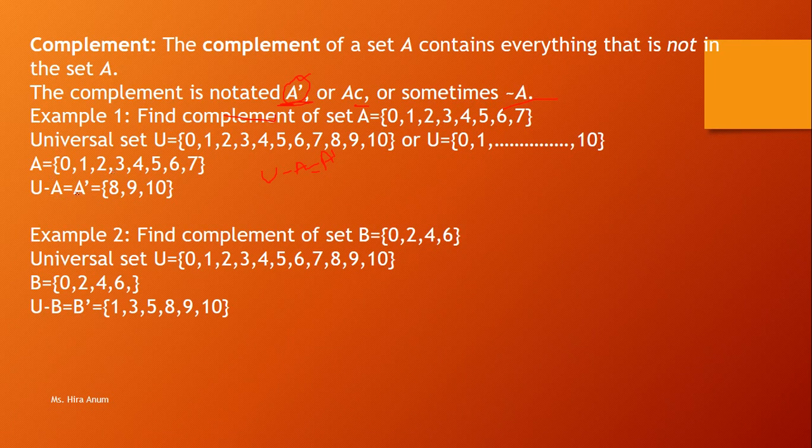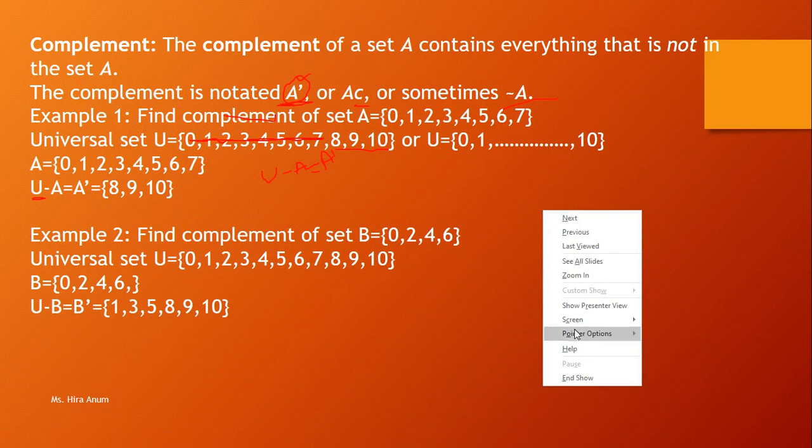U minus A equals to, you have members in U but not in this, the remaining elements. You have to see 0 we have in A, 1 is in A, 2 in A, 3, 4, 5, 6, 7. These numbers belong to A. These numbers will be cancelled. 8, 9, 10. These will be written in this.